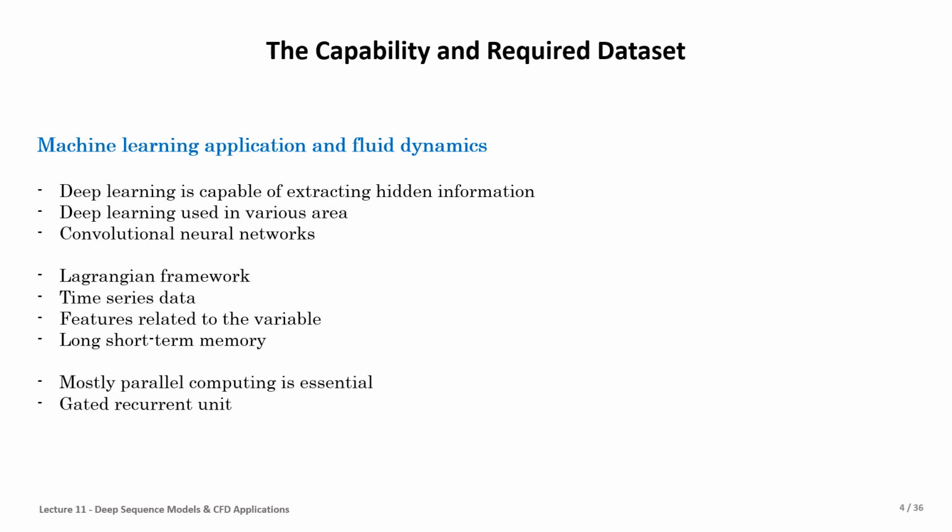We have the data as a time series. The features are related to the variables, and this setup could be used on the LSTM, long short-term memory model. Since the data are large and we need to train this large data on the model, parallel computing is essential.